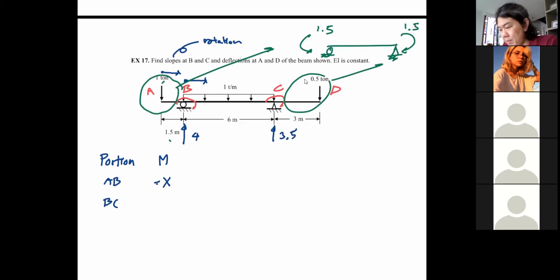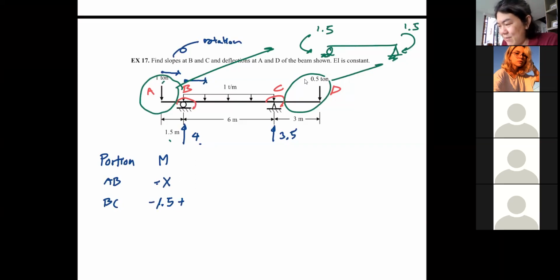So the moment equation at BC would be minus 1.5. It's a constant moment now. And because the reaction accounts for this point load, right? Unlike the previous case, I can easily say plus 4x. No, it's not.